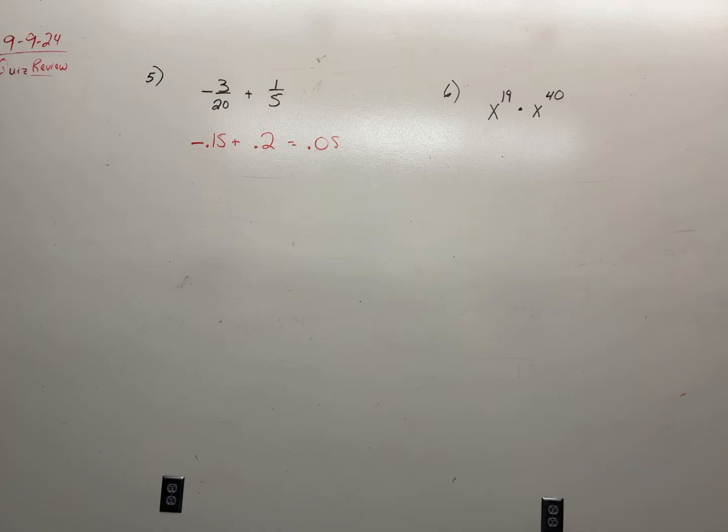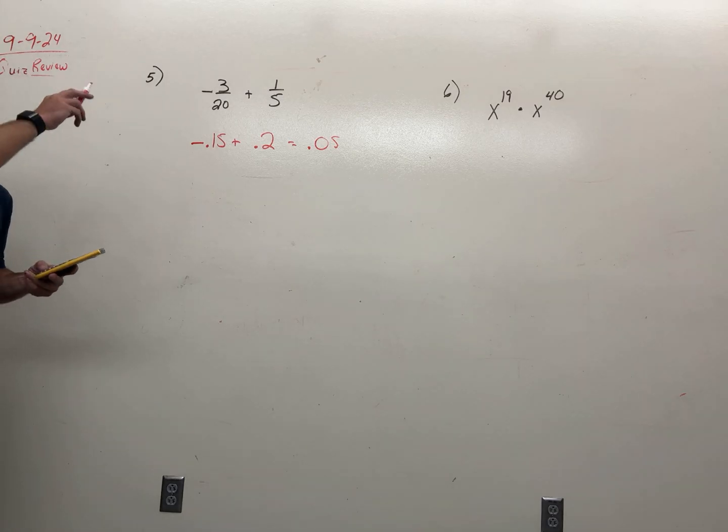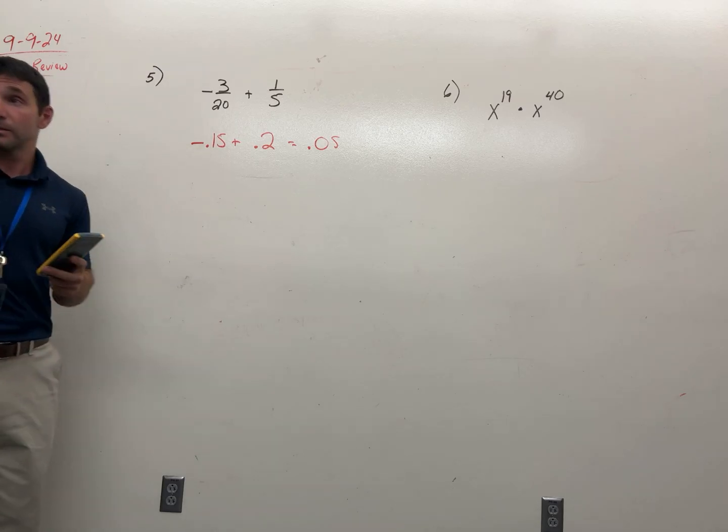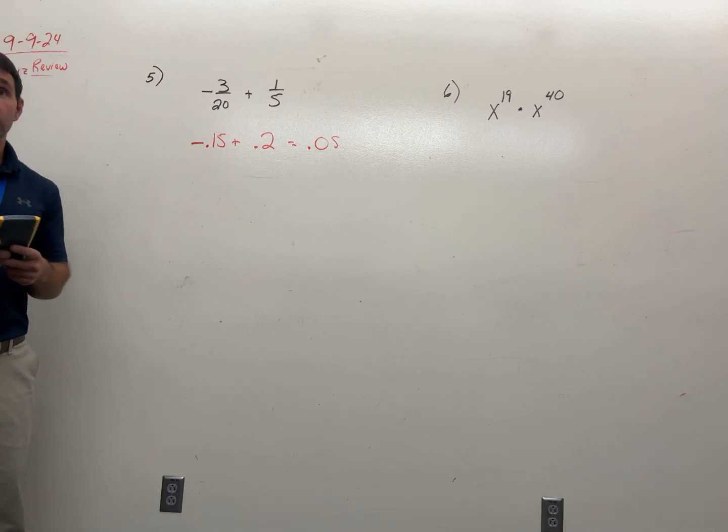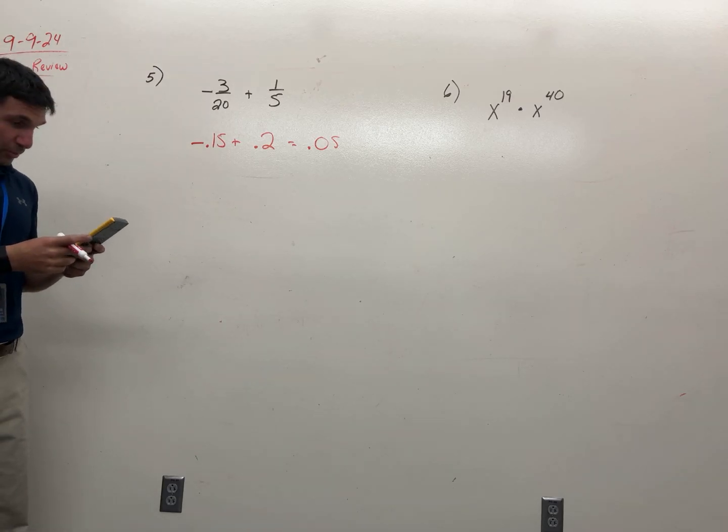It's positive. Yeah, but it's a positive and a negative. We're not multiplying. That's only for multiplication. So now I go second PRB. Wait, how did you get the decimals? I divided them. I did -3 divided by 20, because fractions are division problems. So now I have 0.05.